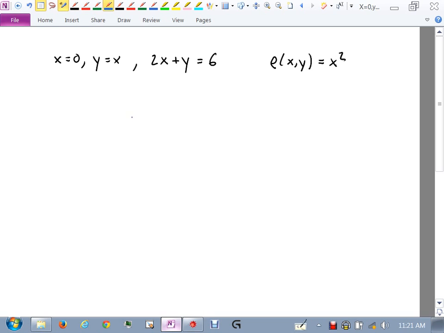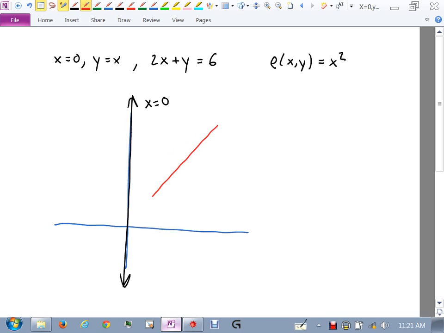So I'm going to start with my picture. X equals 0 is the y-axis. Y equals x is our diagonal. And then 2x plus y equals 6 can be rewritten as y equals negative 2x plus 6.